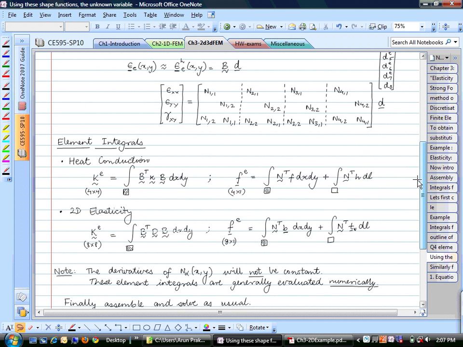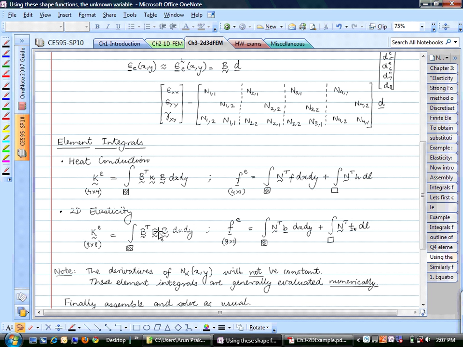And the same thing happens in 2D elasticity, where you get an 8 cross 8. And the reason you get an 8 cross 8 is that this B transpose is, sorry, the B transpose is actually 8 cross 3.